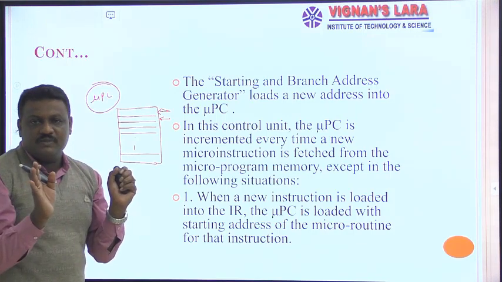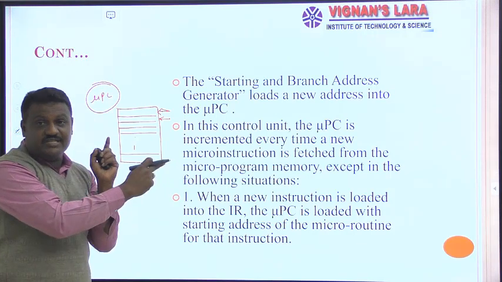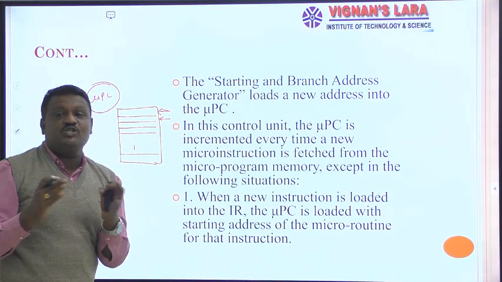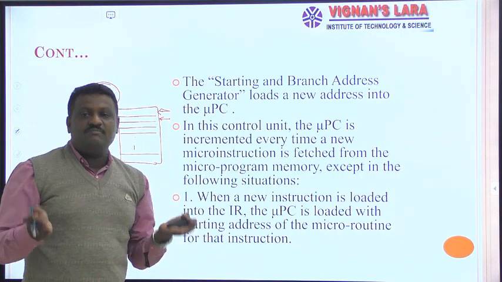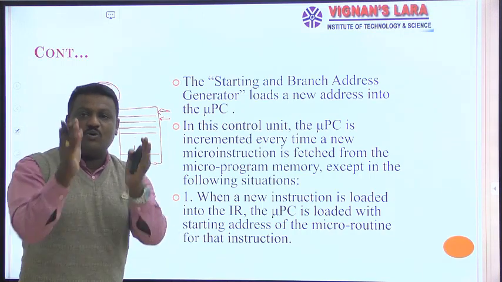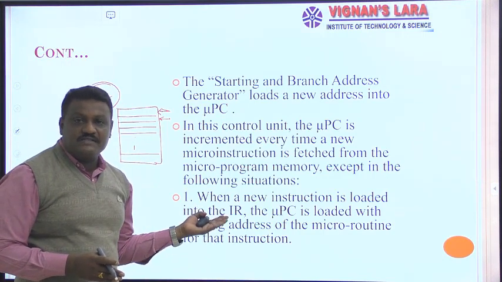That's what I know. But here the sequence can change for different cases. That means my new PC is not incremented always. Sometimes the new PC value may be altered for different cases. What those different cases are, I am going to discuss now.